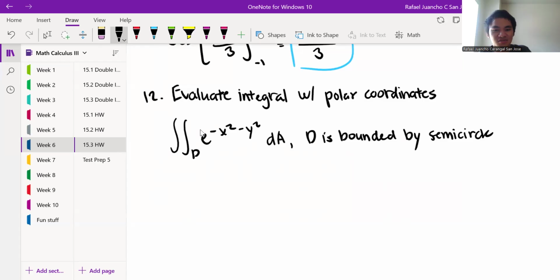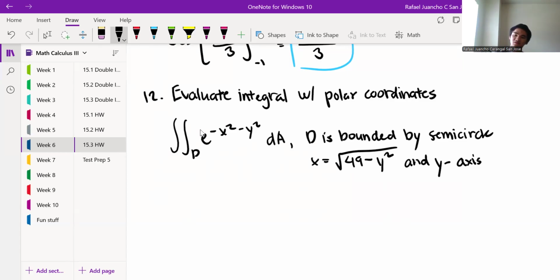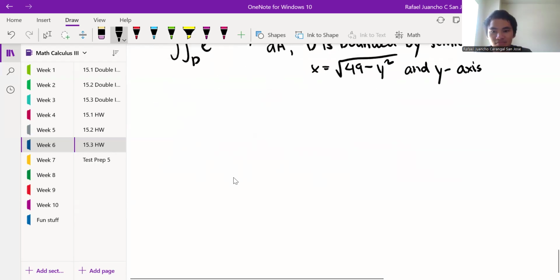So here we are again with the semicircle x equals square root of 49 minus y squared, and the y-axis. So it's a semicircle and then a y-axis, so it's a quarter circle, right?